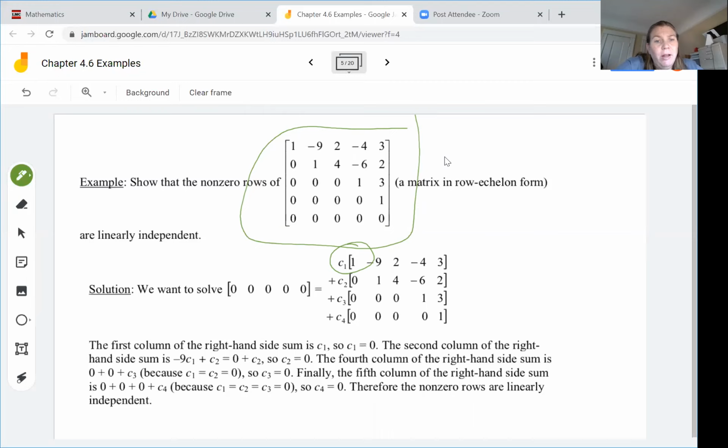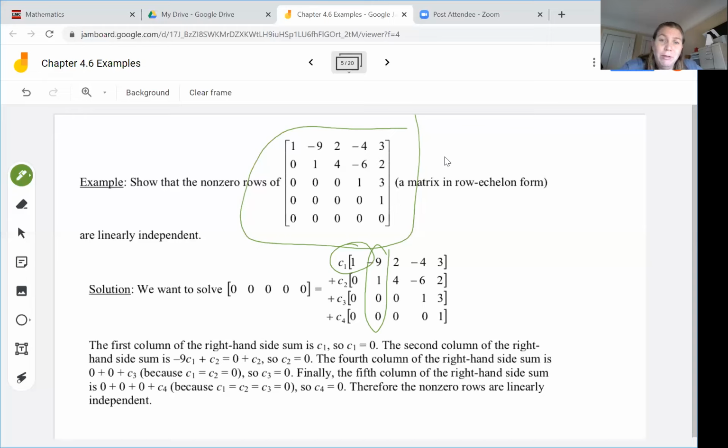The second column of the right-hand sum is negative 9 C1 plus C2, working from the second column. And that has to equal 0 plus C2, so it must be that C2 equals 0 because we already know C1 is 0.